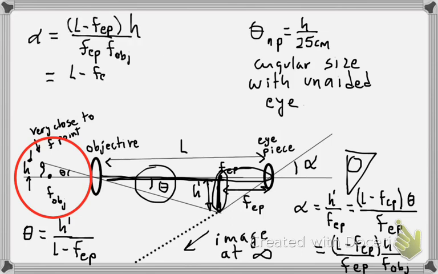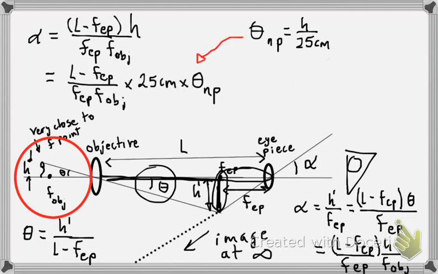The angular size alpha of the image is going to be, if we replace h with the equation, theta np times 25 centimeters. Remember that the angular size at the near point, when we're not using the microscope, of the object is h divided by 25 centimeters, the near point.